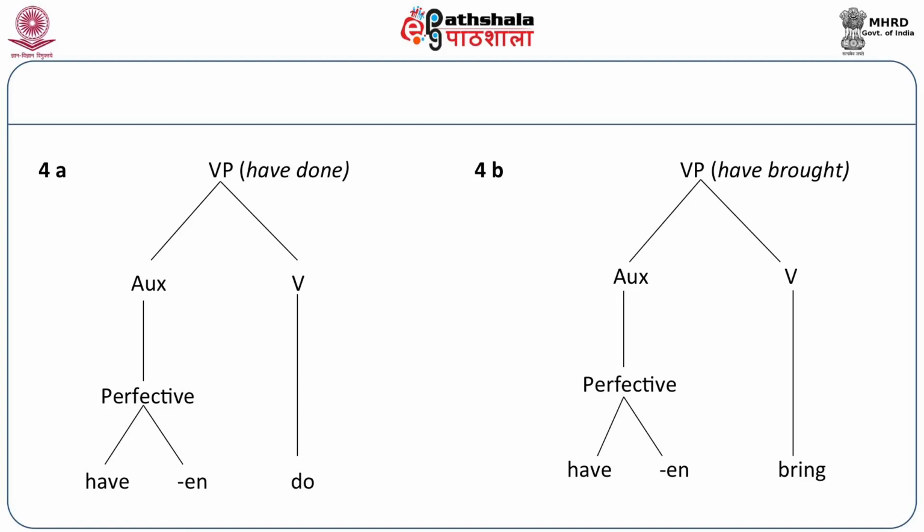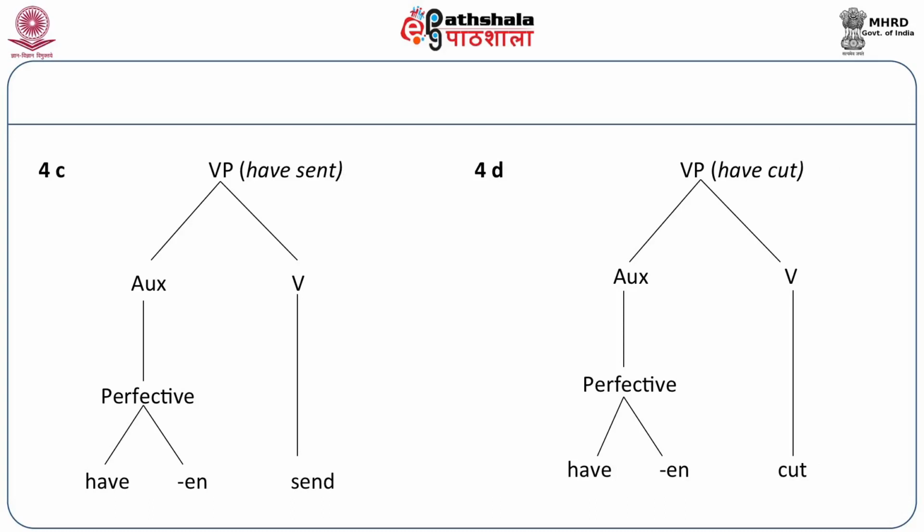Now you might say, how is it that we get brought here, not bringen or something? That is, en is not always realized as en, although we call it en. Sometimes it can be realized in a different way, and that is how with bring we get have brought. Now look at 4c. Here we have the verb phrase have sent, and then in 4d we have the verb phrase have cut.